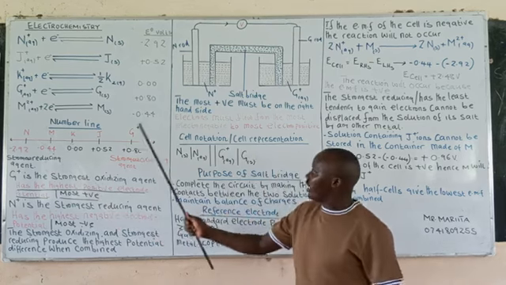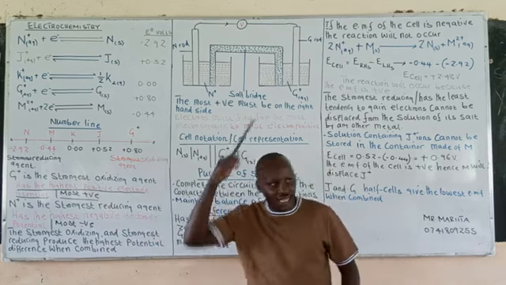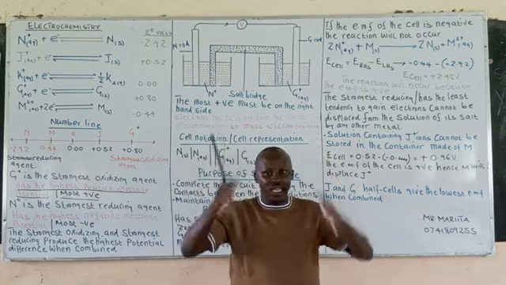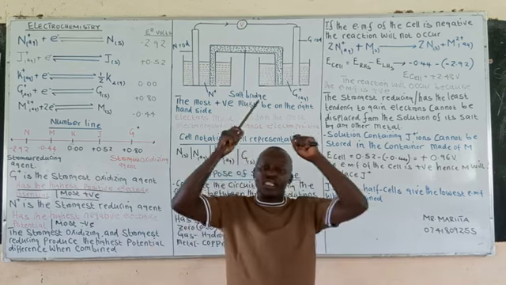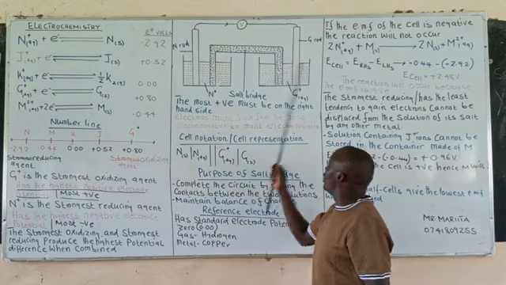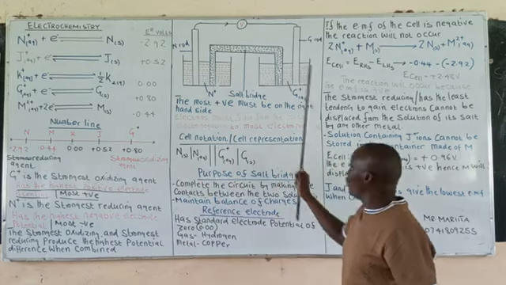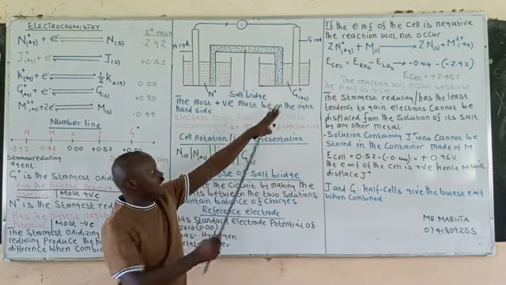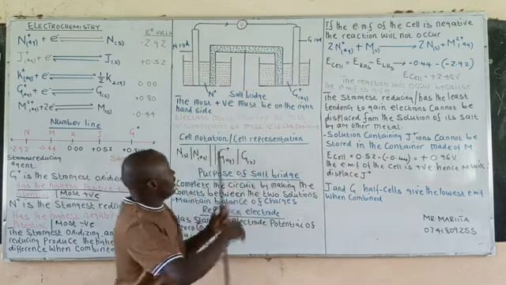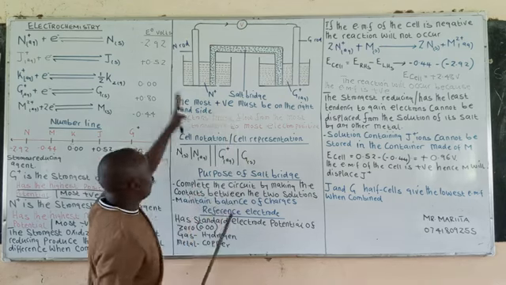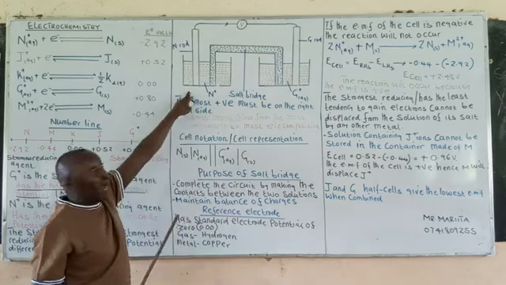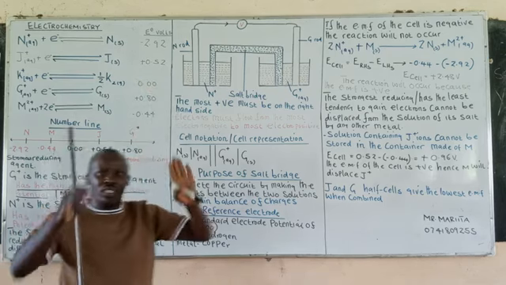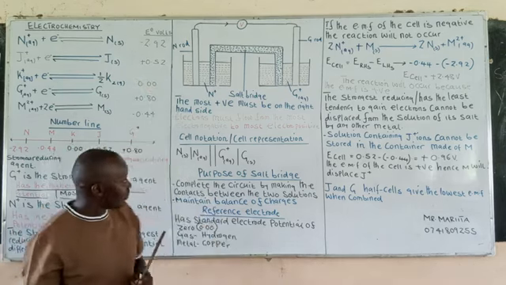You indicate the most positive at the right hand side and the most negative at the left hand side. That one is a must. So when you draw this one, indicate that from this diagram, I have the most positive, that is the half cell of G on the right hand side, and then we have the most negative, that is the half cell of N on the left hand side. So it must be indicated like that.